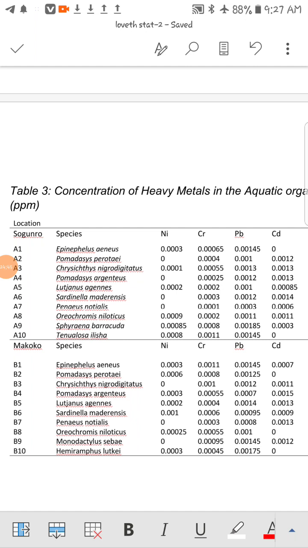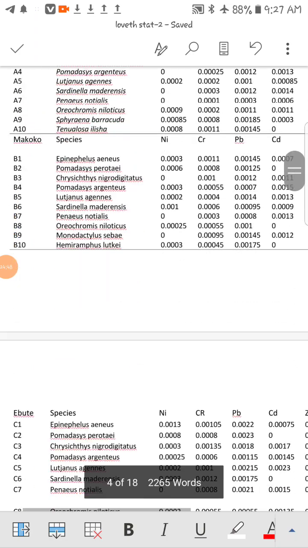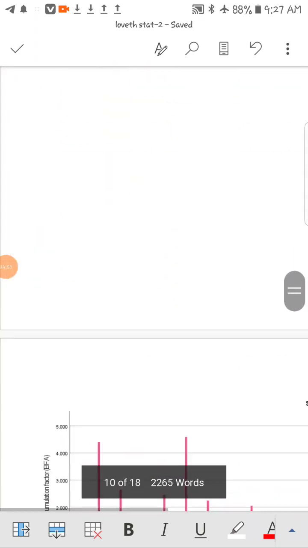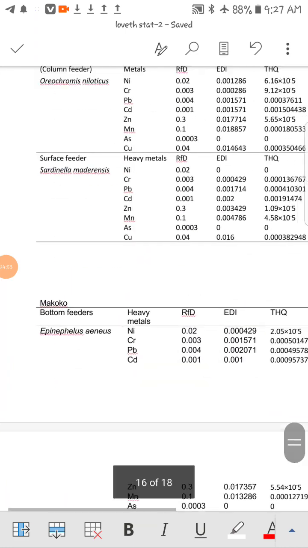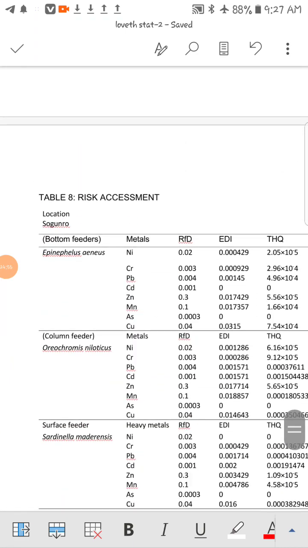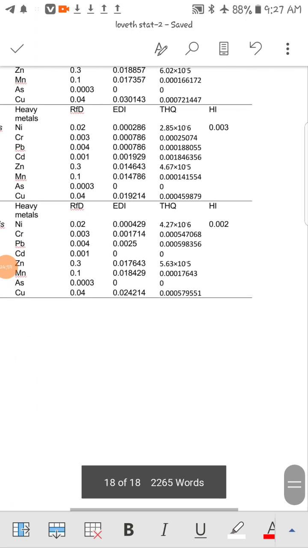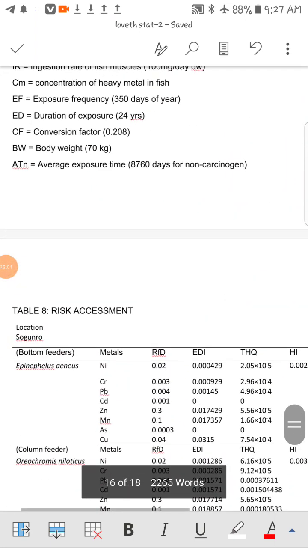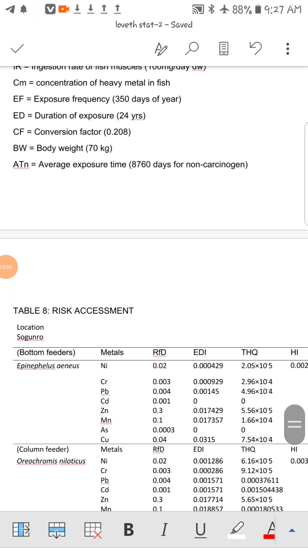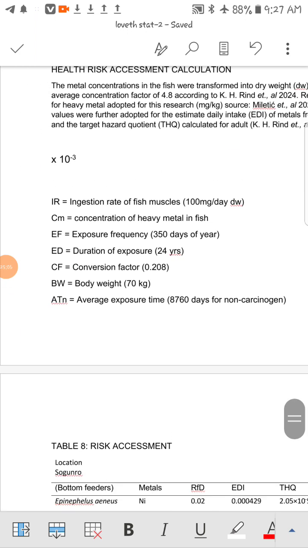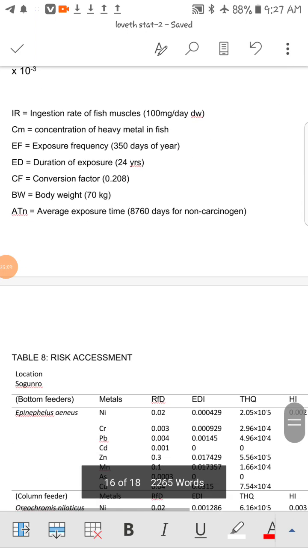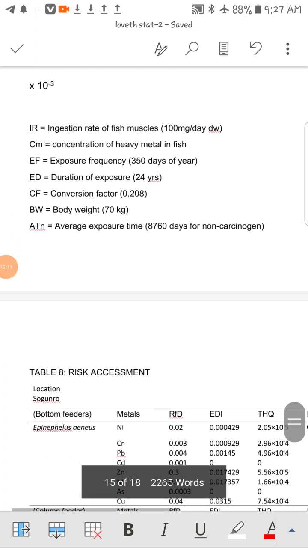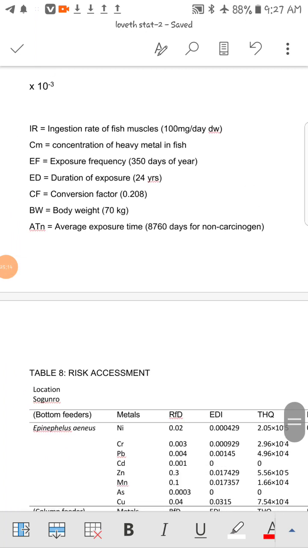If you multiply this times 4.8, you will get your dry weight amount, which is your metal concentration. You then multiply it by your ingestion rate, which is 100 milligram. Then you divide it by the body weight, which is 70. That will give you the EDI. So you do the same for each metal of these particular organisms.